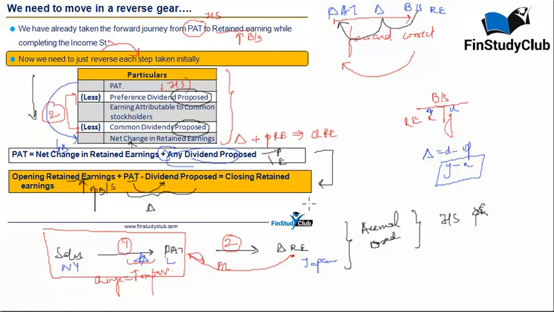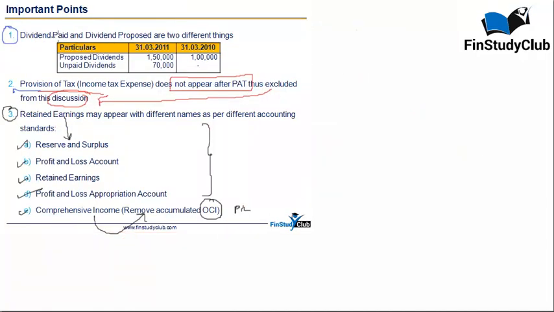I agree that the ultimate objective of calculating PAT is to arrive at CFO, but currently you are not in a statement prepared as per cash. This statement is always prepared as per accrual. Therefore, I would like to request everyone to be very careful about dividend paid versus dividend proposed.